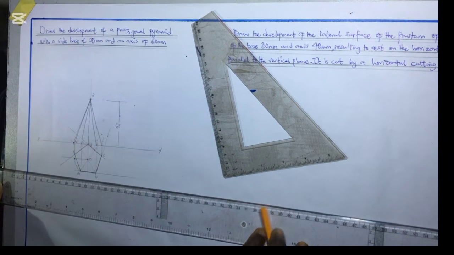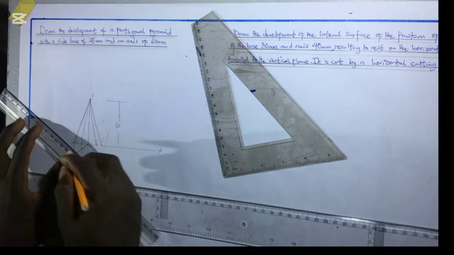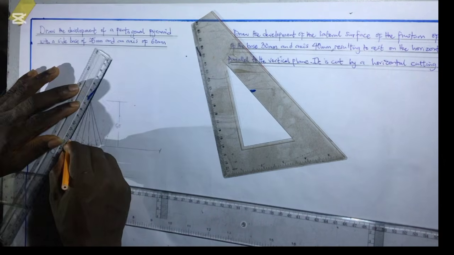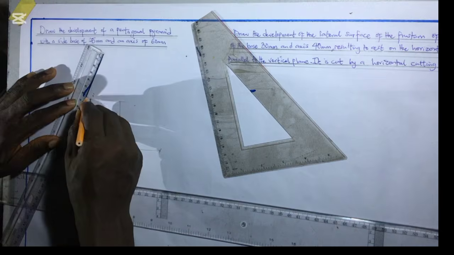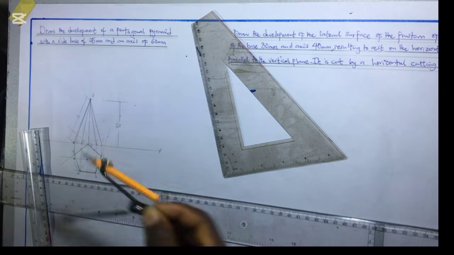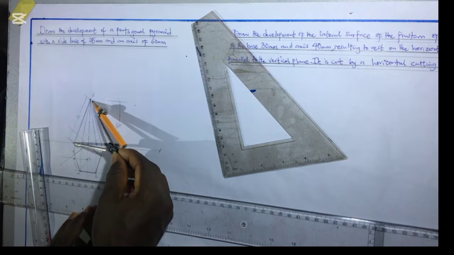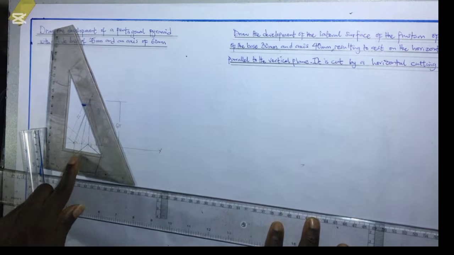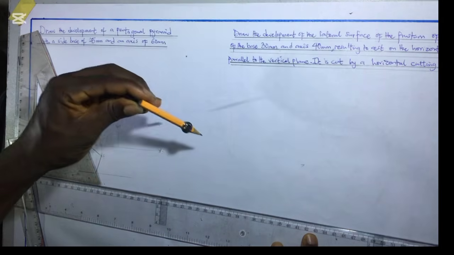So now I can just indicate so that you are going to really get what I'm saying. This is what I'm talking about here. I'll just put SL. That's my slant height. Since I've gotten the point of my slant height here, now I will start constructing my development on this side.